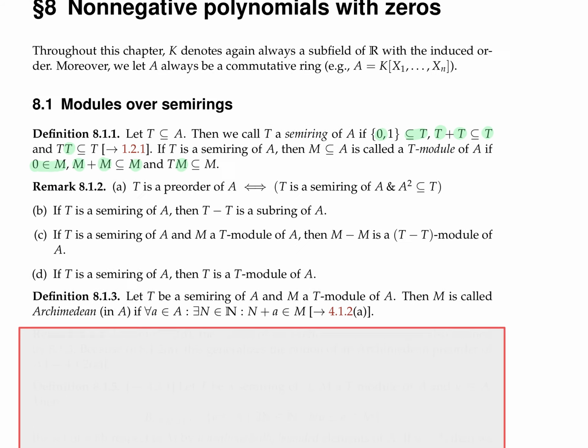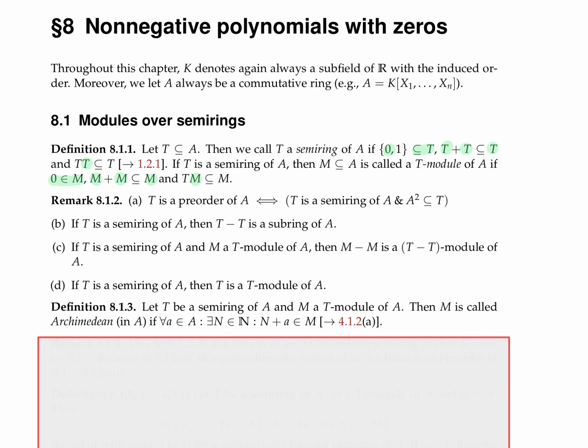Now instead of a preorder in a commutative ring, we have a semiring in a commutative ring. We have actually a T module in a commutative ring, which is much more general, right? But otherwise, it's exactly the same definition.